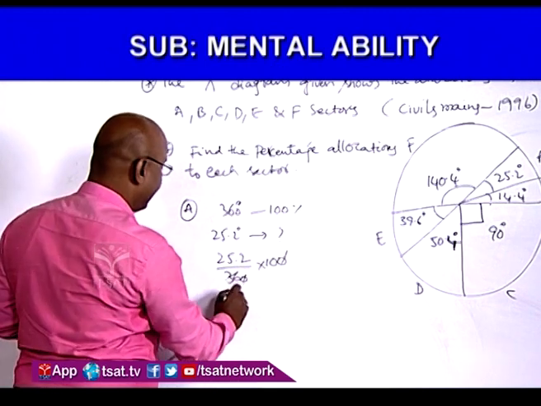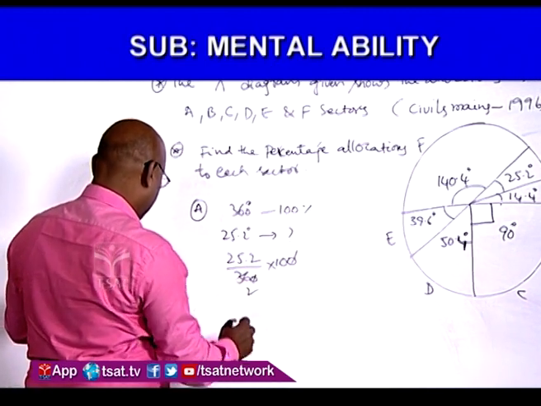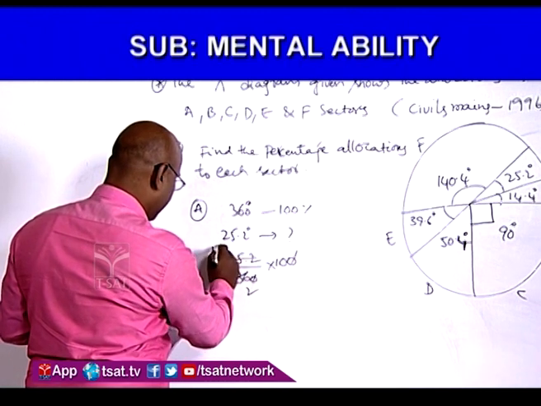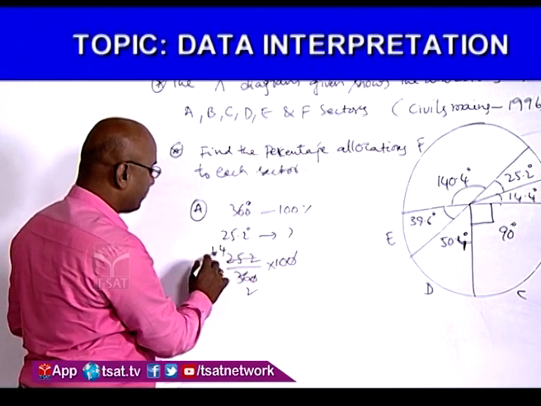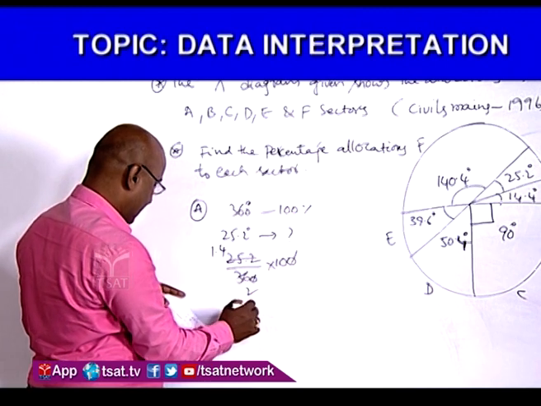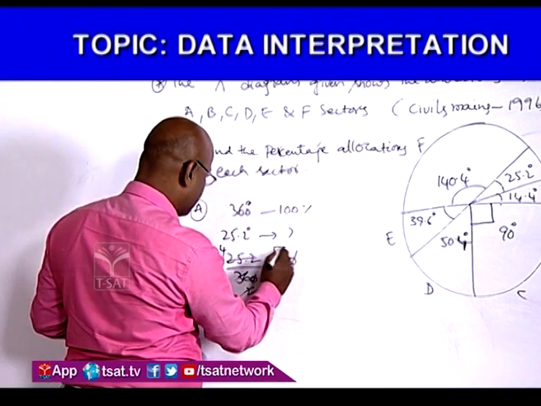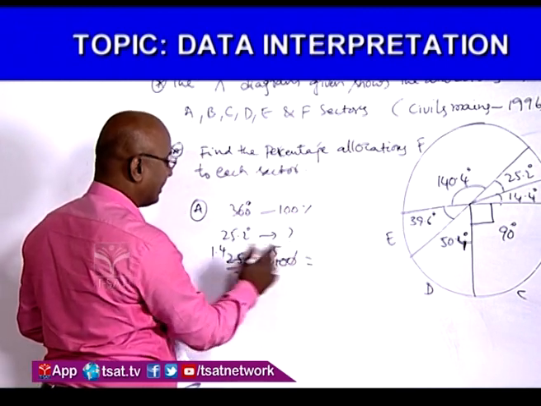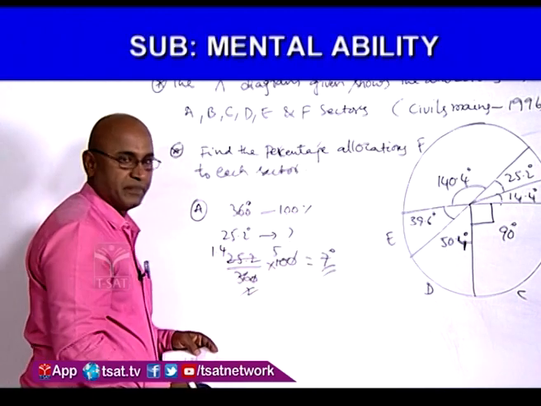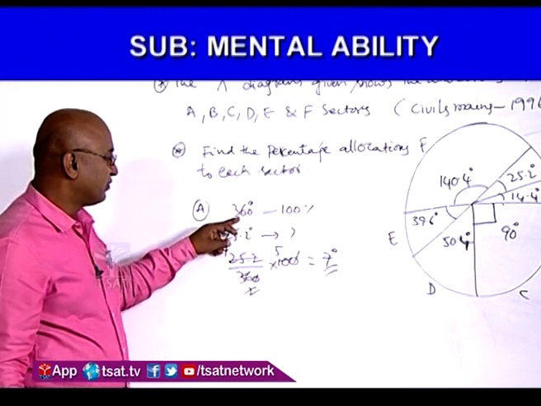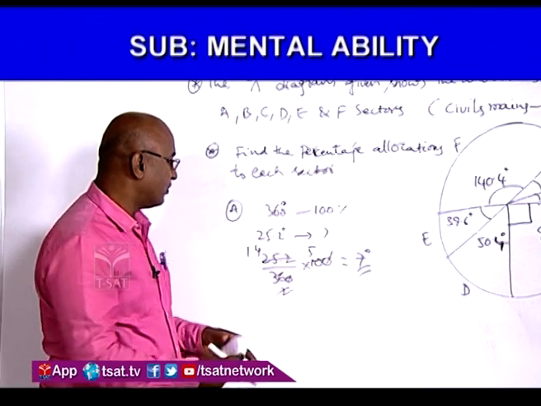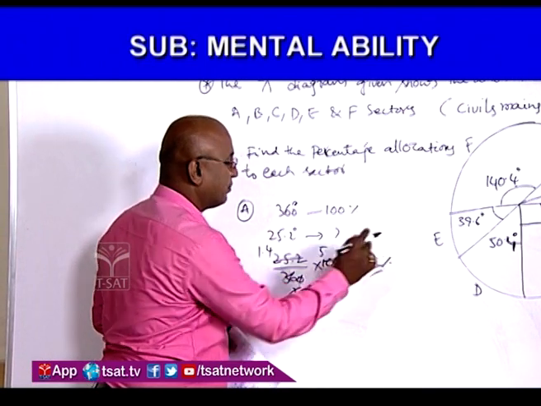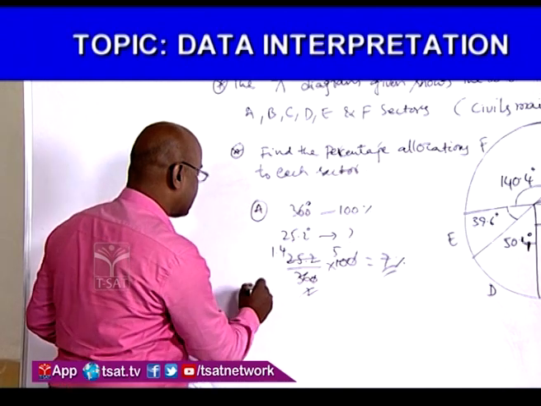Cancelling, 18 twos are 36, 18 ones are 18, 18 fours are 72. So 1.4 into 10 by 2, that is equal to 7. Got it? So what is the percentage of A? That is 7%.